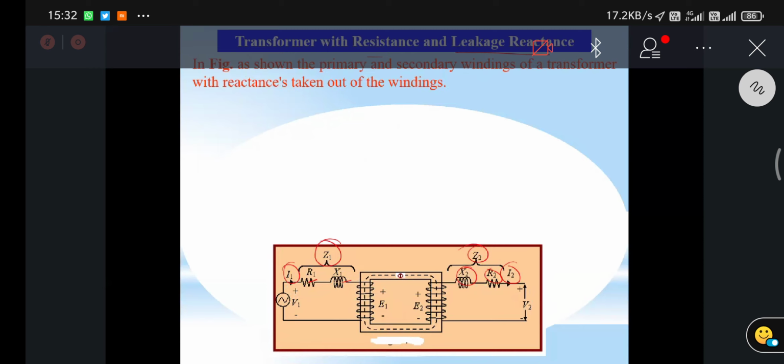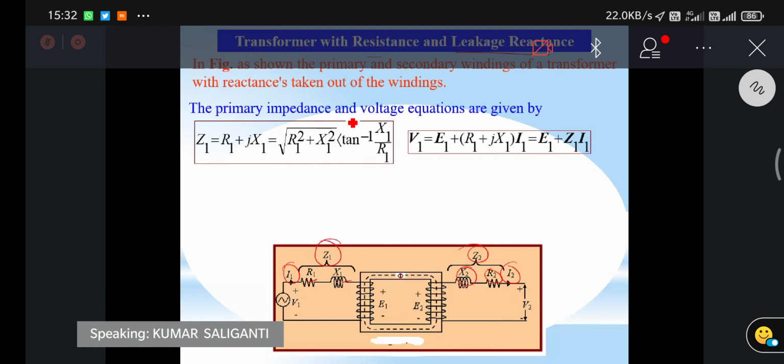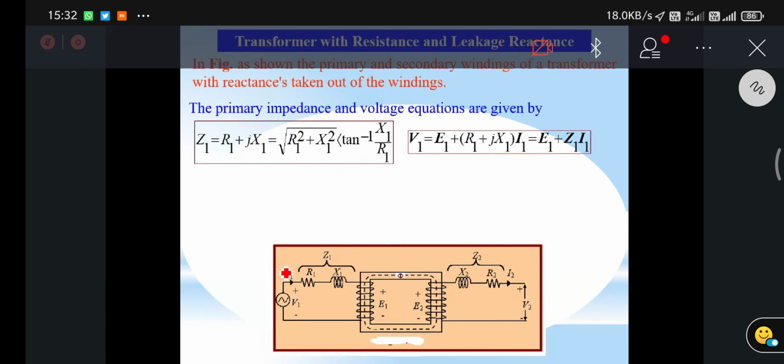In the figure as shown, the primary and secondary windings are shown with reactance taken out of these windings. So the primary impedance and voltage equations are given by Z1 equal to R1 plus jX1, that is the square root of R1 square plus X1 square, at angle tan inverse of X1 by R1.